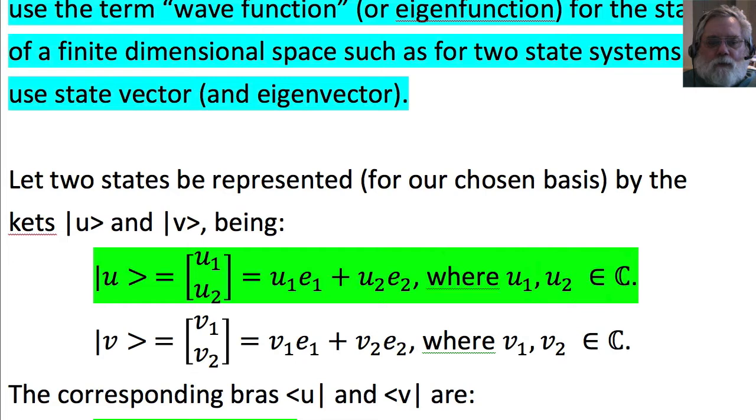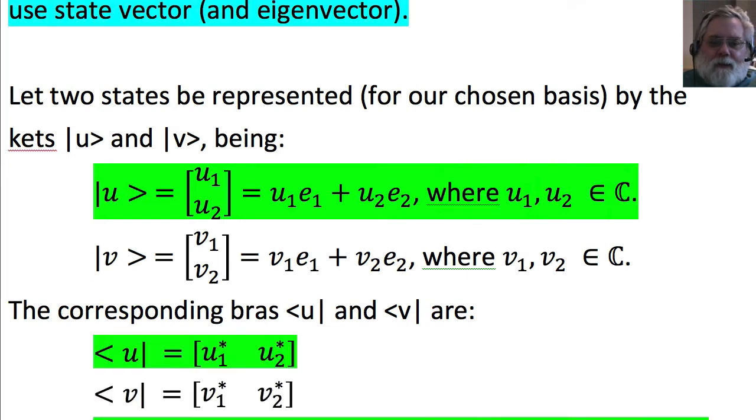So let two states be represented for our chosen basis by the kets u and v. Ket u is the column vector with components u sub 1 and u sub 2, which are complex numbers.